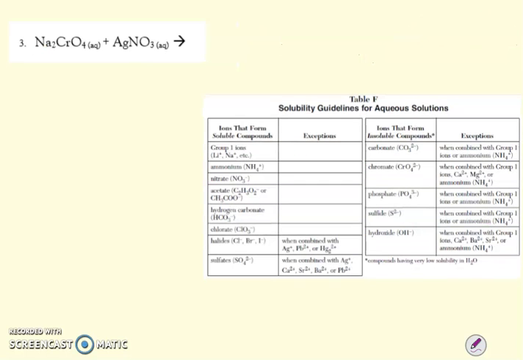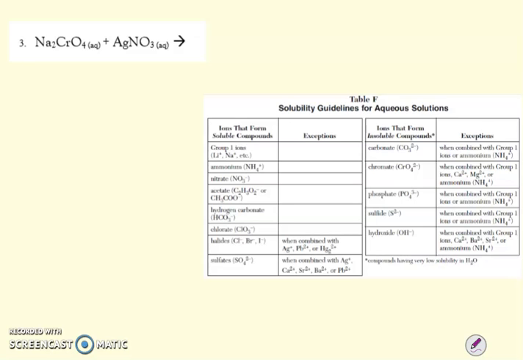In this example, sodium chromate is aqueous because anything with sodium, which is a group 1, is going to be soluble. With silver nitrate, nitrates are all soluble, so silver nitrate is soluble.